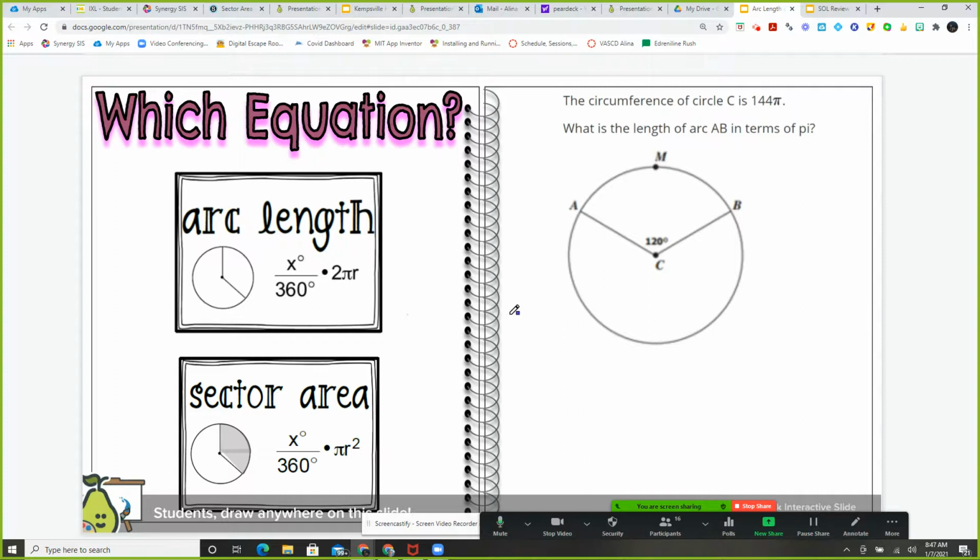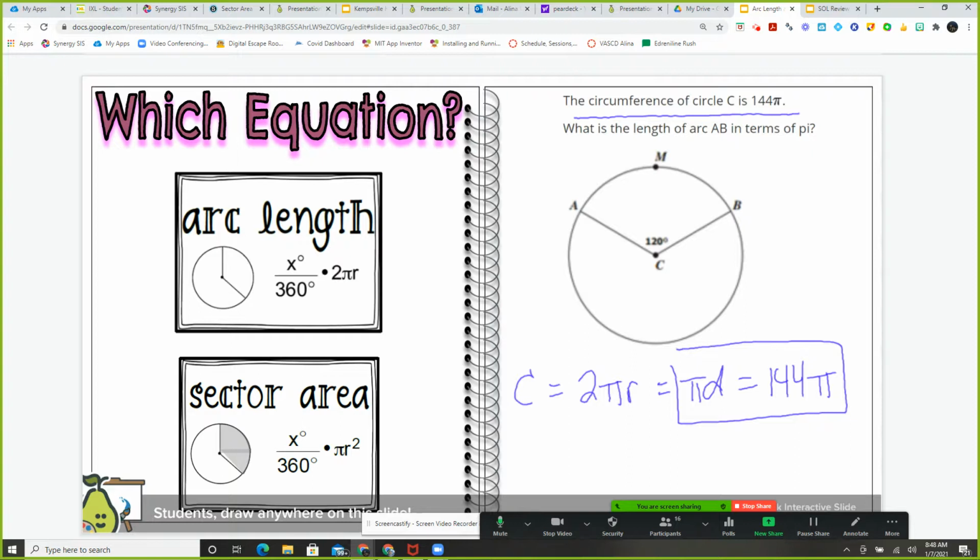The circumference of circle C is 144 pi. So circumference equals 2 pi r, or it equals pi d. And we know that equals 144 pi. If I divide by pi on both sides, my diameter equals 144, which means my radius equals what? Would it be 12?